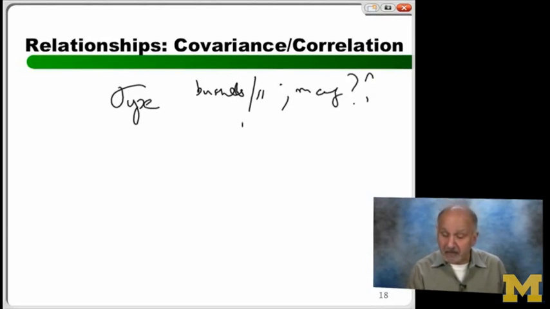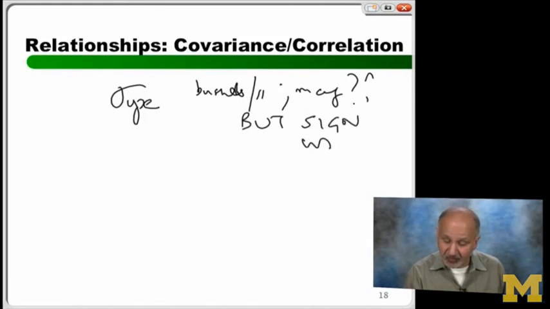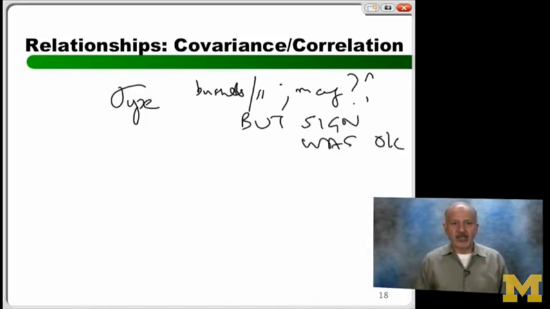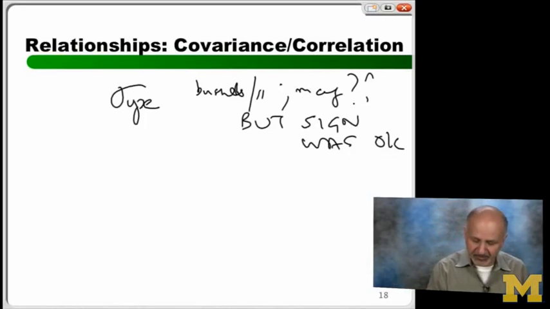Didn't reflect much, but sign was okay. In other words, whether it's positive or negative relationship is being reflected because you're taking deviations from the mean and then multiplying. So what did we do? We came up with a measure called correlation.